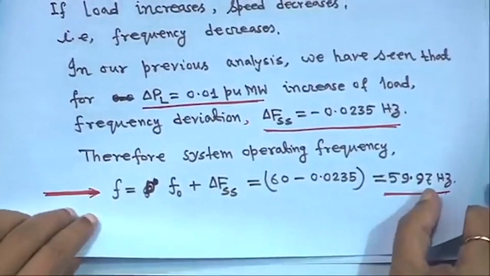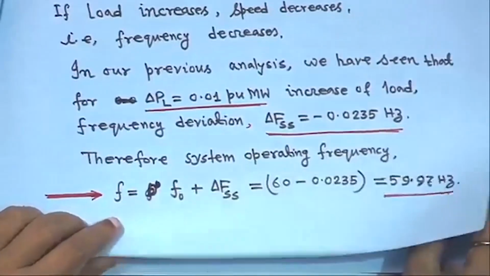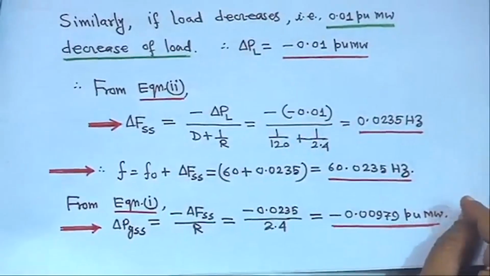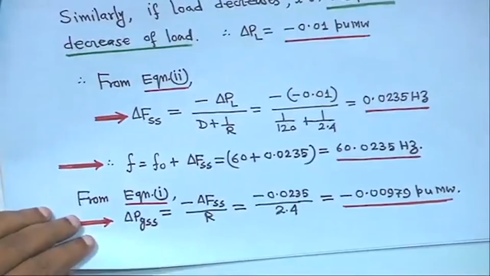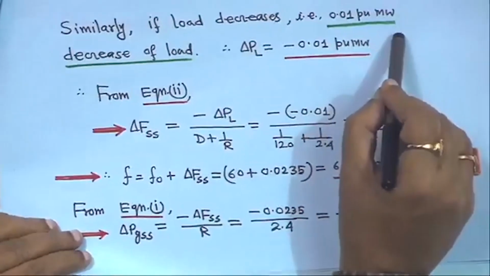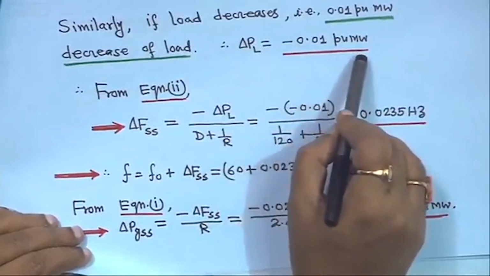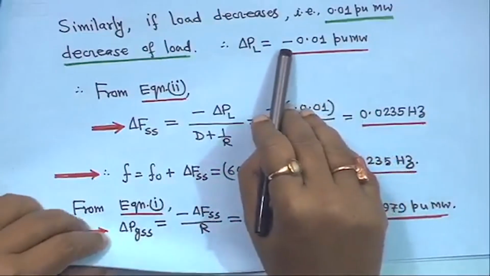So, that is the system operating frequency. Things are very simple, you just have to keep certain things in mind. Similarly, when load decreases, that is 0.01 per unit megawatt, that means delta PL you take minus 0.01 per unit megawatt, because decreases means you have to take negative sign.